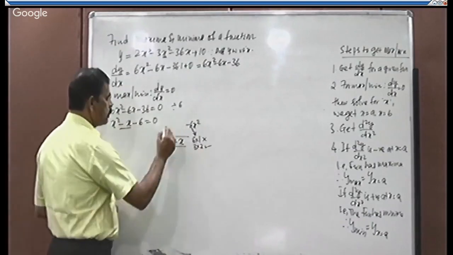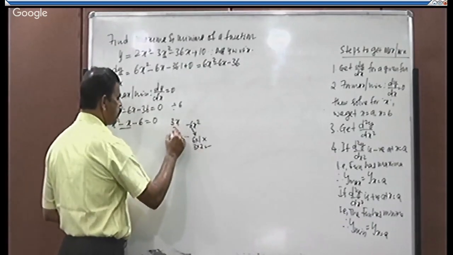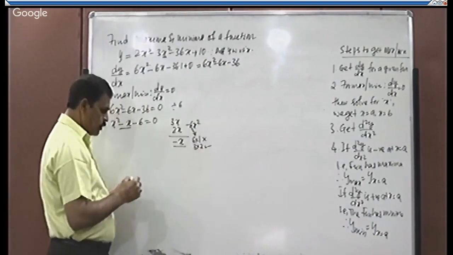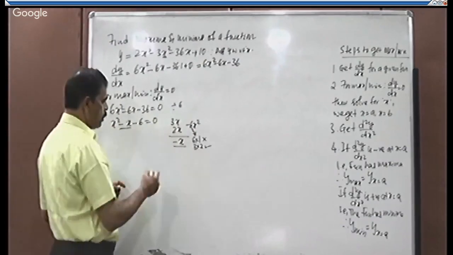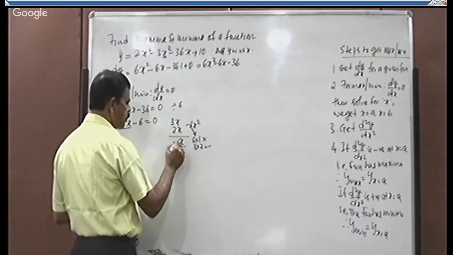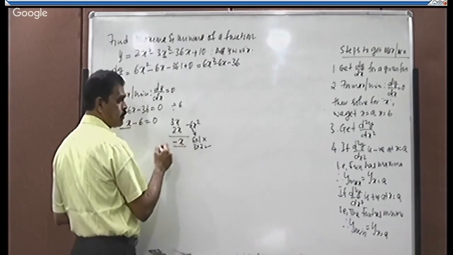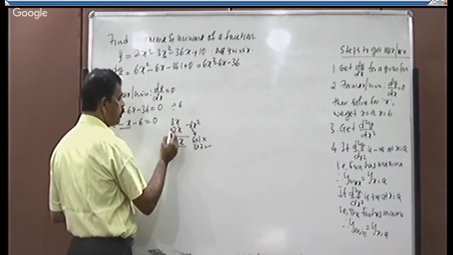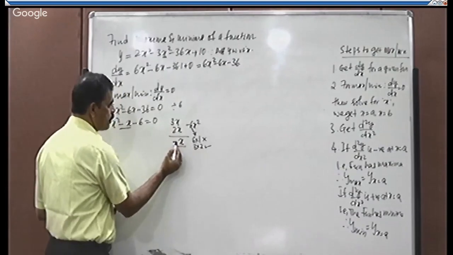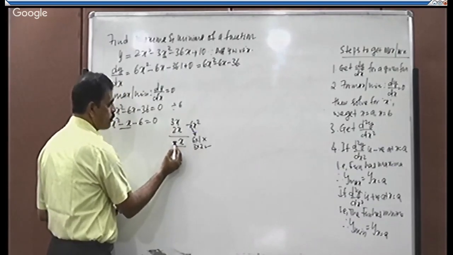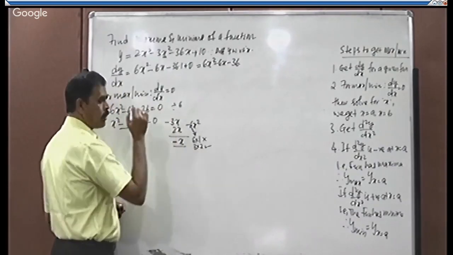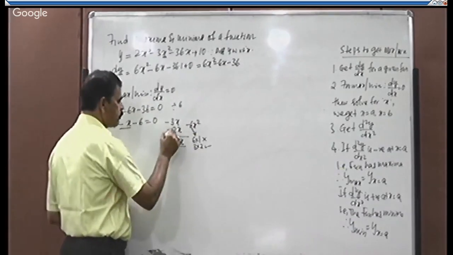Correct? 3x, 2x. Adjust the sign. Here we should get minus, meaning subtracting between these two. While subtracting, the bigger number should have the same sign as this. What is this? Minus. So the bigger number should be negative and the other one positive.